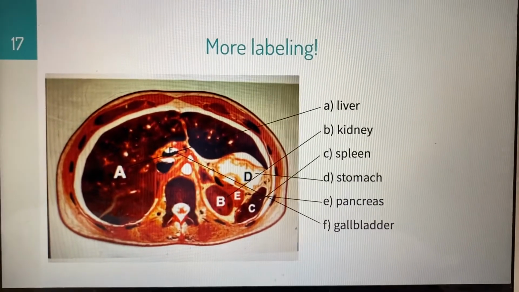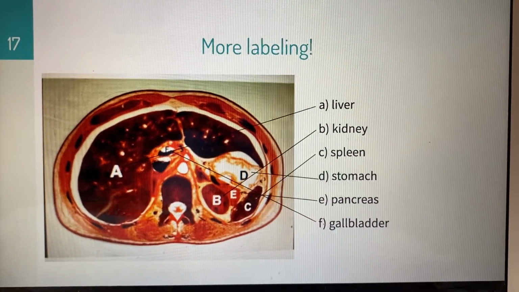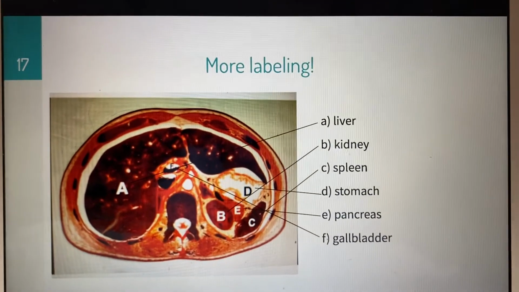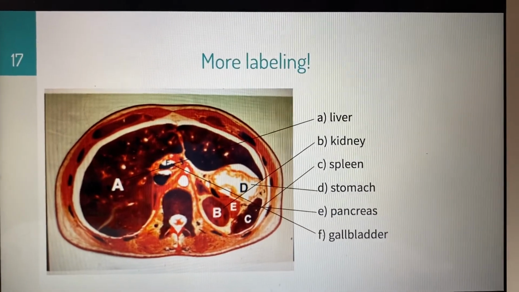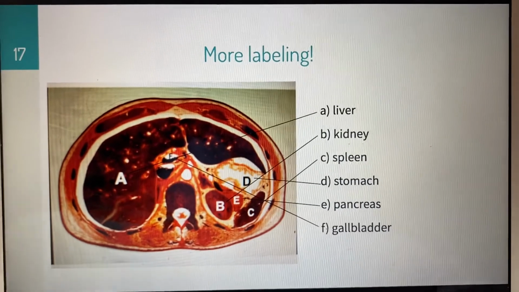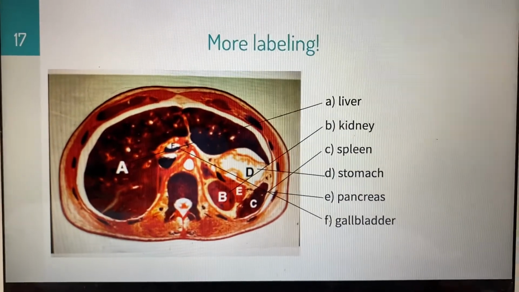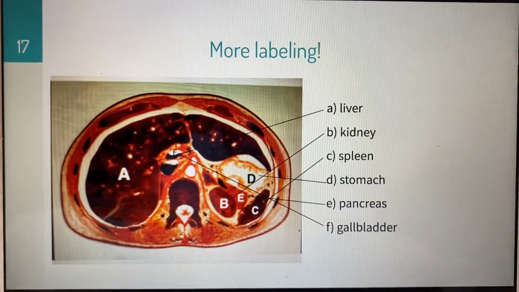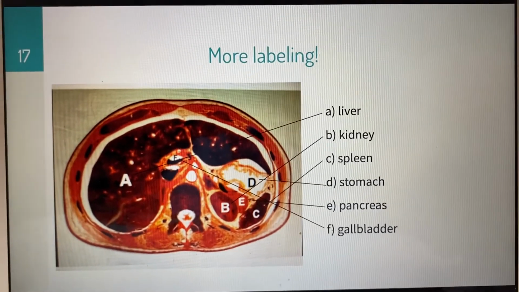So then we have more labeling. I put lines to help you see, but again, using everything that we talked about before, like A would be more dense, so obviously it's going to be darker, which helps you tell that it's the liver, and then you can use that same process all the way through.